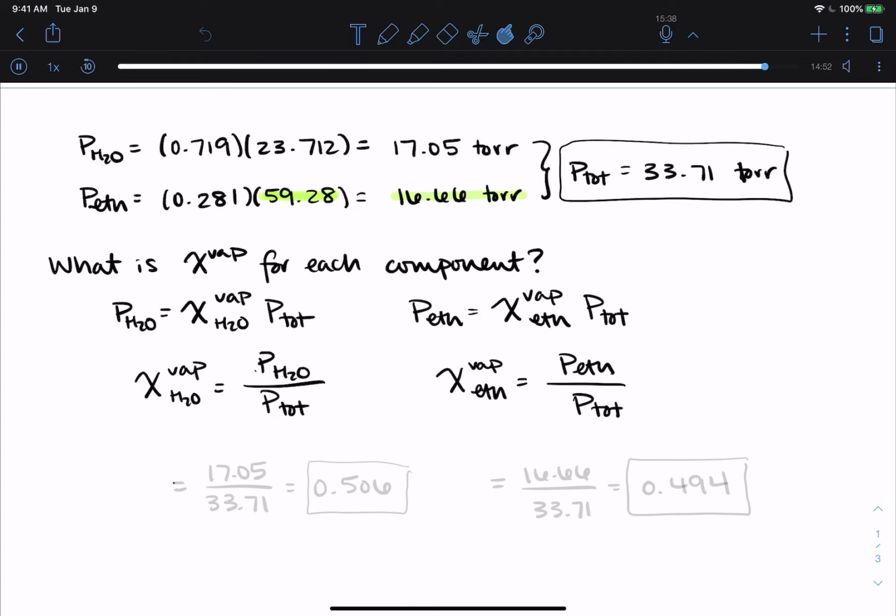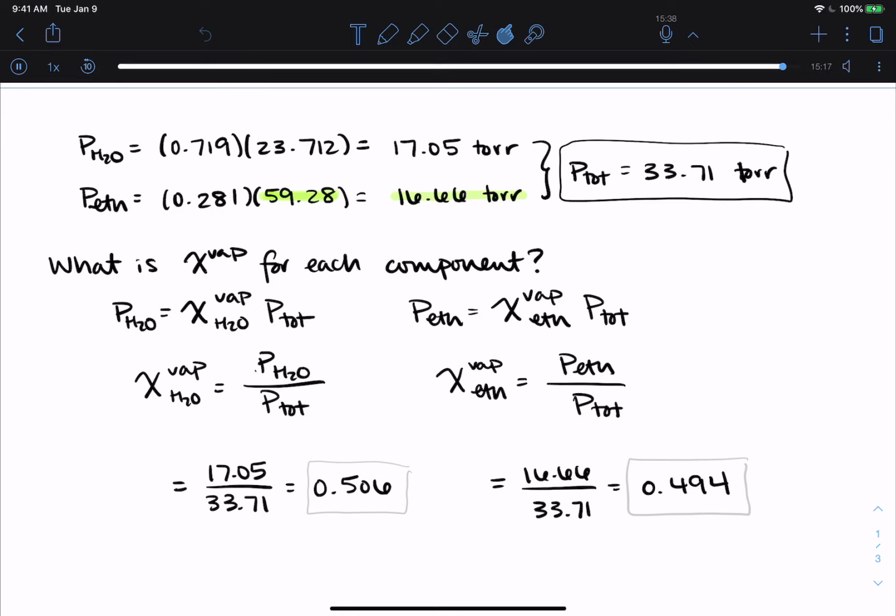So for water, this is 17.05 over 33.71, and that's 0.506. For ethanol, 16.66 over 33.71, 0.494.